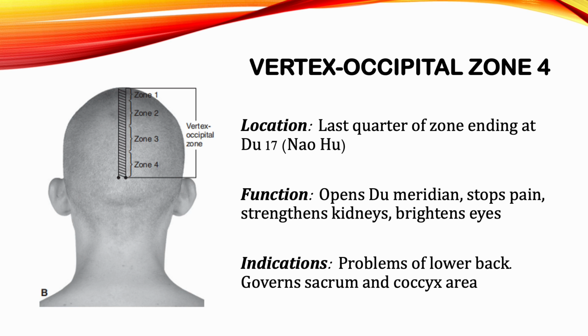Vertex-occipital zone 4, the last quarter of the zone, ending at Du 17. Opens the Du meridian, stops pain, strengthens the kidneys, and brightens the eyes. Indications: problems of the lower back. It also governs the sacrum and coccyx area.